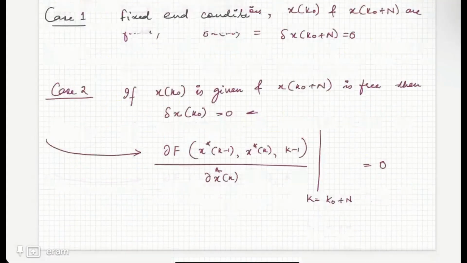Now suppose that we have terminal cost as well. So we have terminal cost also present.